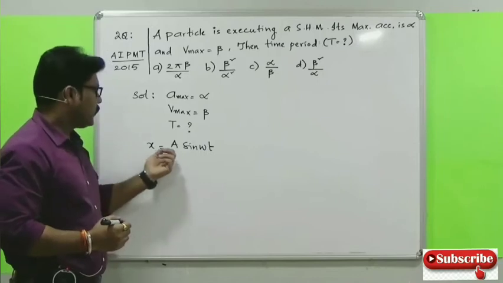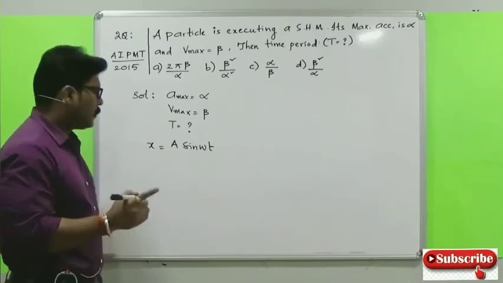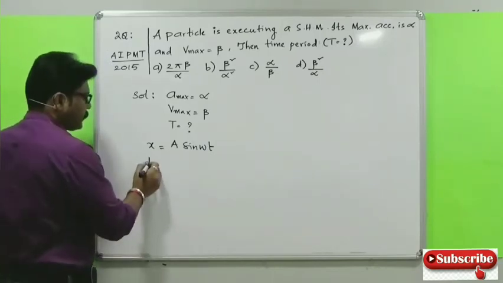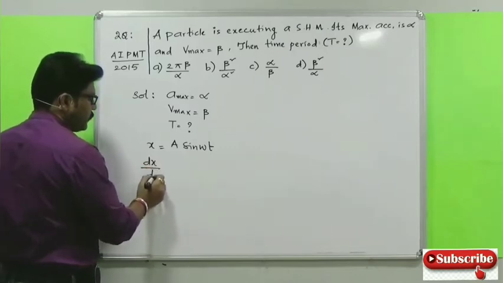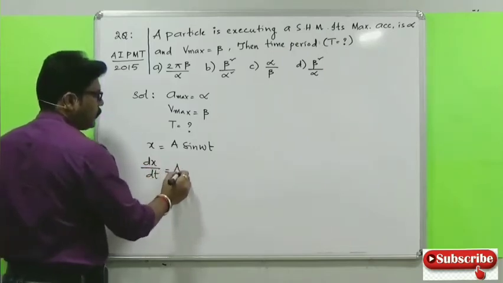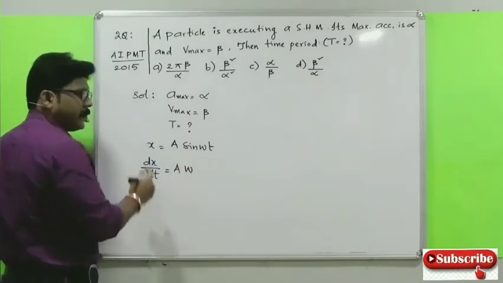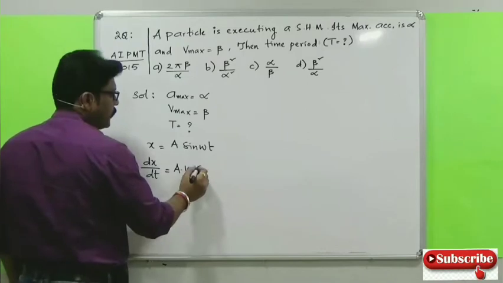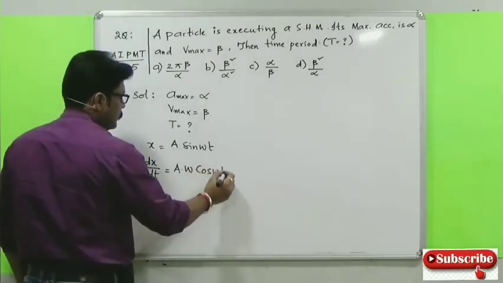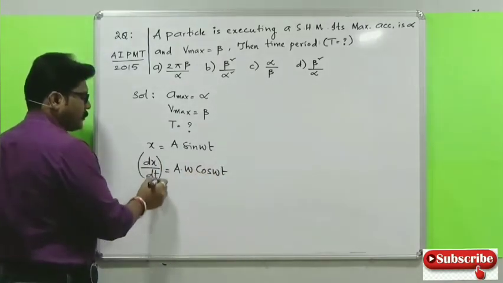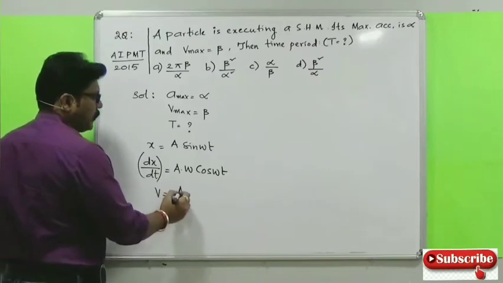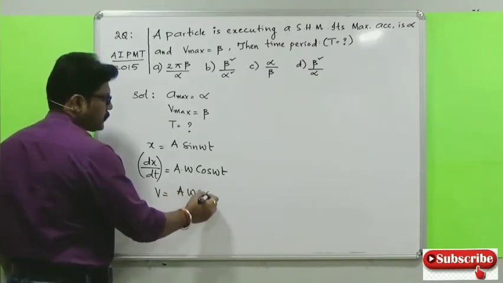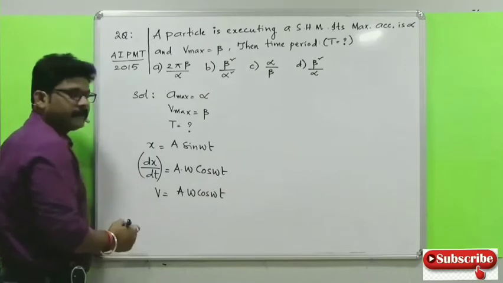Now differentiate this. dx by dt equals a into omega cos omega t, since the differentiation of sine is cos. So this is nothing but velocity, v equals a omega cos omega t.